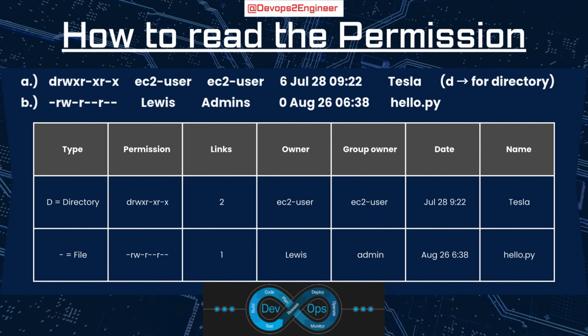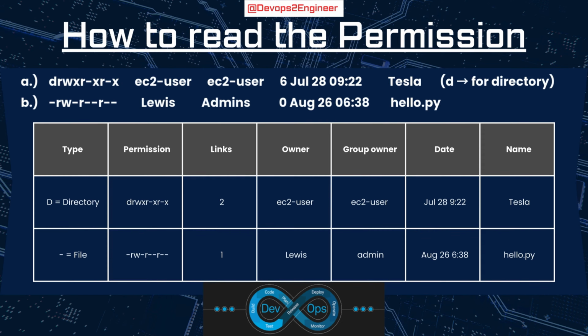Permissions: drwxr-xr-x. That's the base for directories, and the base for files is -rw-r--r--.